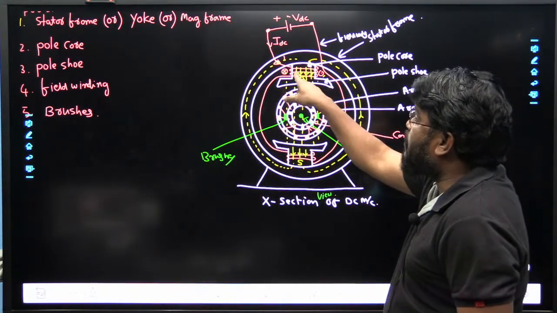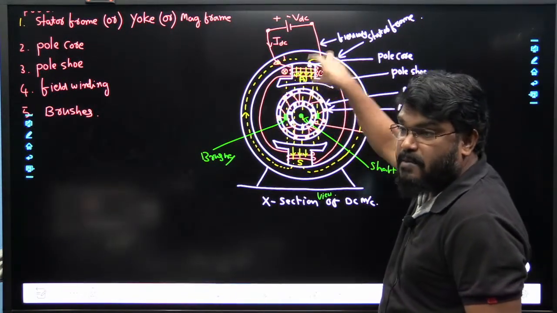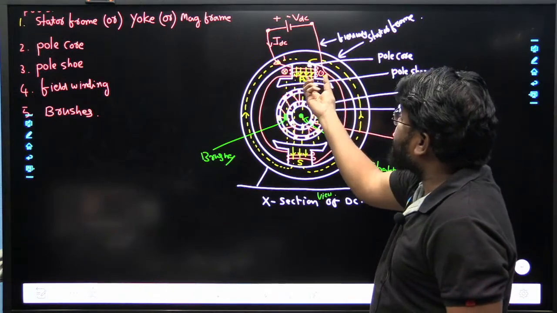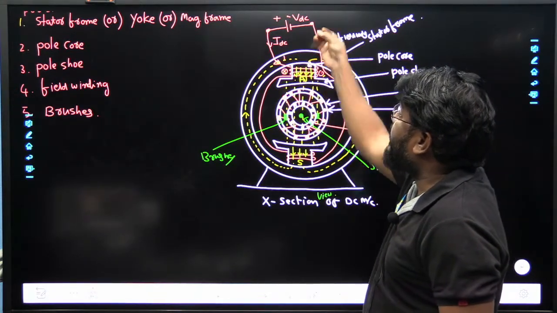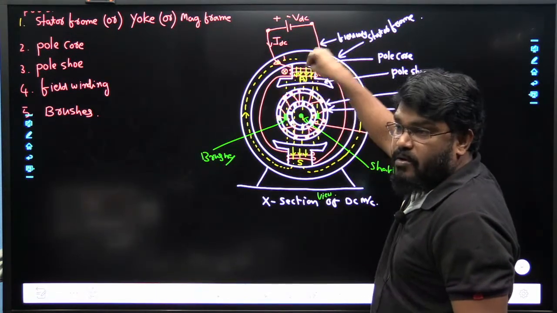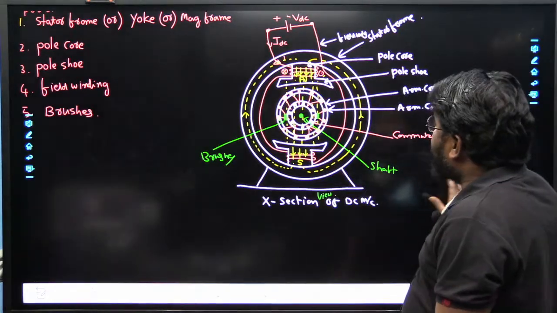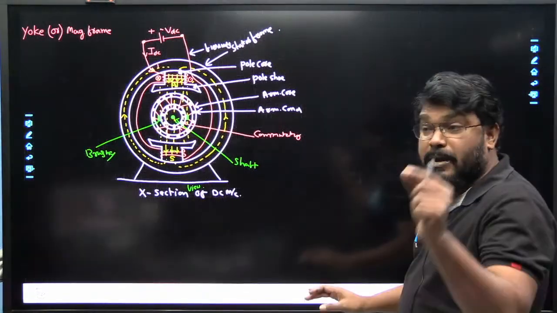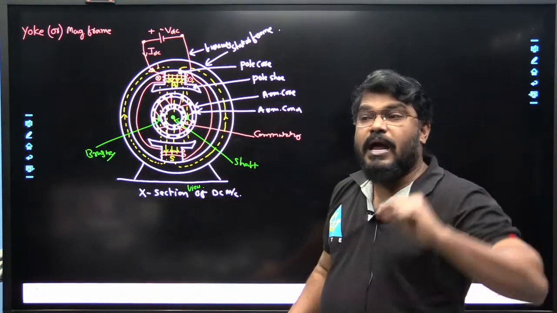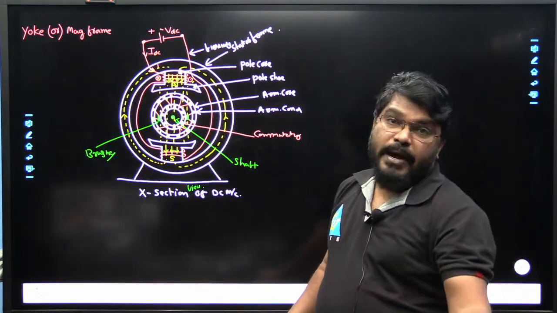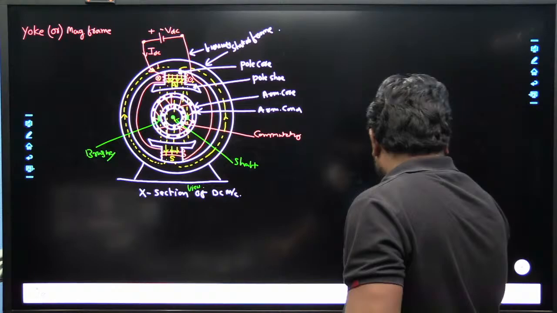So the pole core function is to accommodate the field winding and act as an electromagnet when the field winding is excited with the DC supply. For small rating machines, permanent magnets are used. For large rating machines, electromagnets are used.